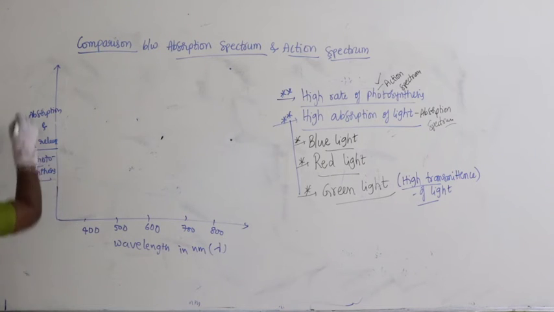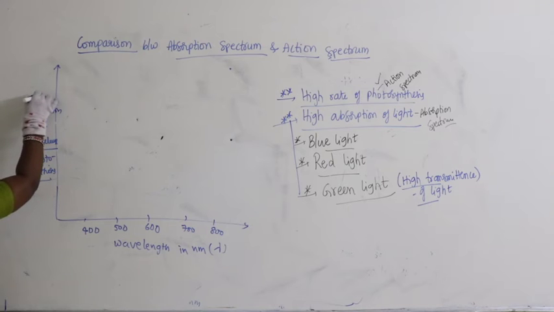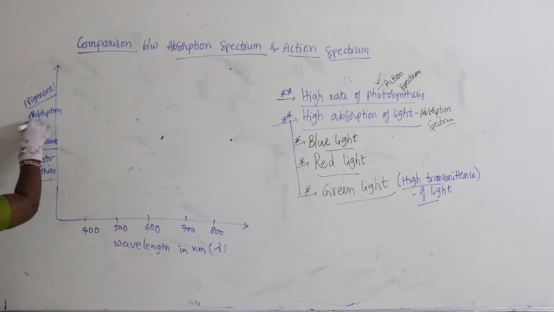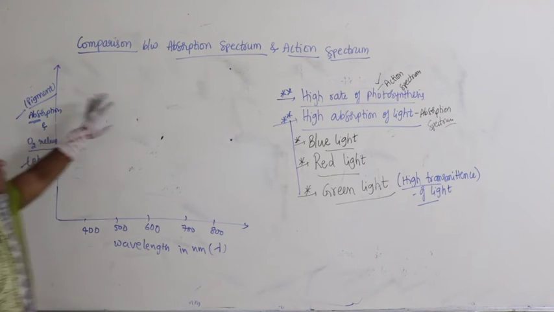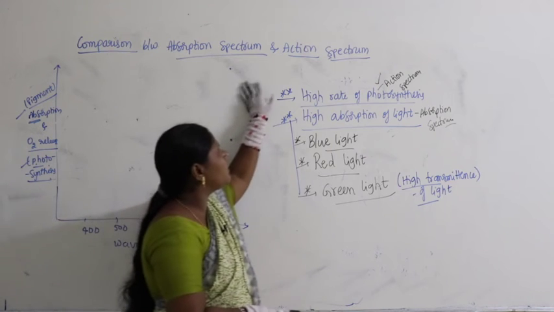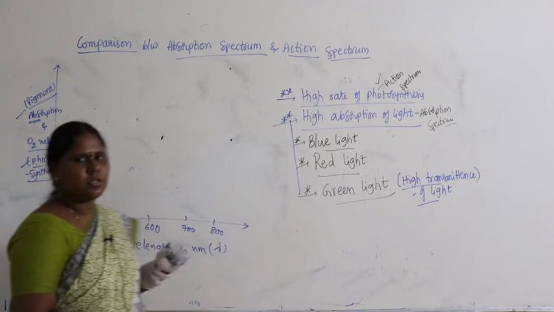What are the things here? We are taking pigments, their absorption rate, and how much photosynthesis they have done. Pigments, how much they absorb the light, absorption of light by pigments, and when they undergo photosynthesis, how much oxygen is being released. Both we are taking together. That means we are taking the absorption spectrum graph and comparing it with the action spectrum.